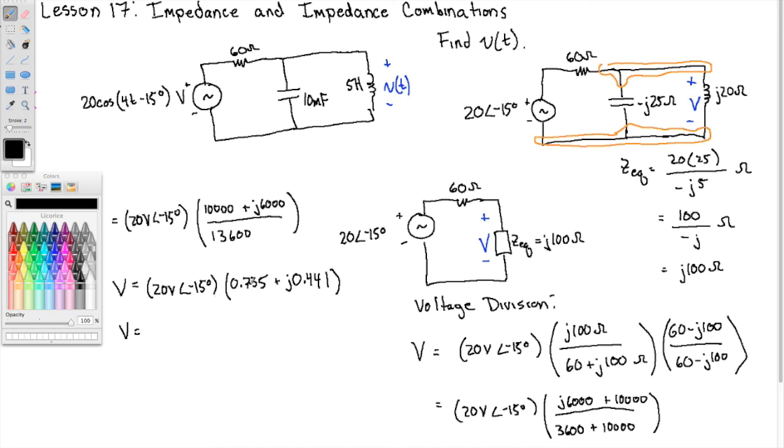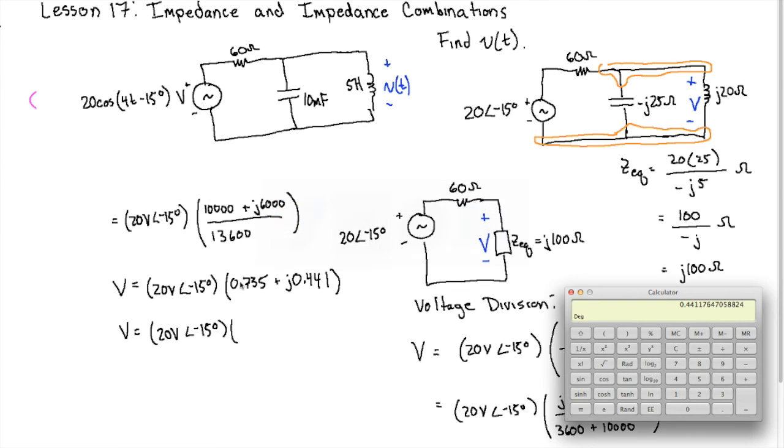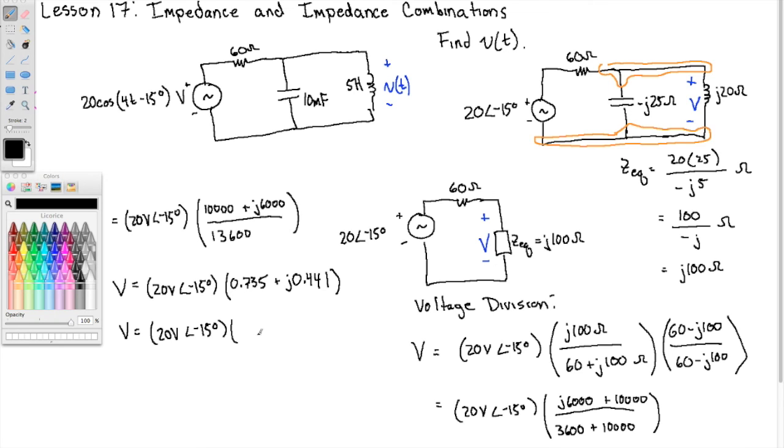So now our voltage, again, we have a multiplication. I want to convert this, which is in rectangular form, to polar form, so I need its magnitude. I need the square root of this guy squared plus that guy squared. So let's square 0.441, which gives 0.194.